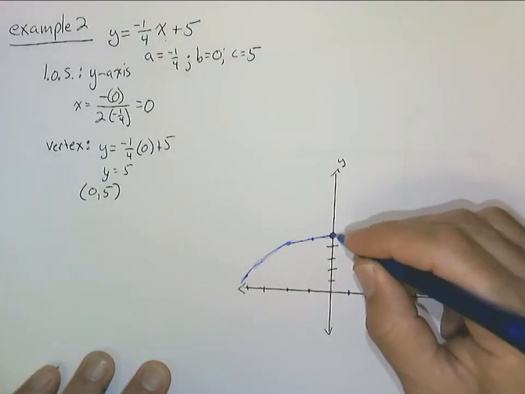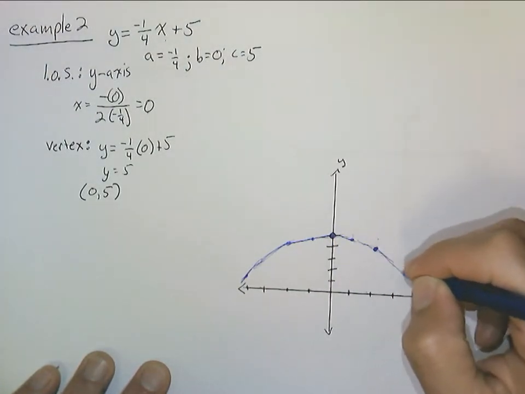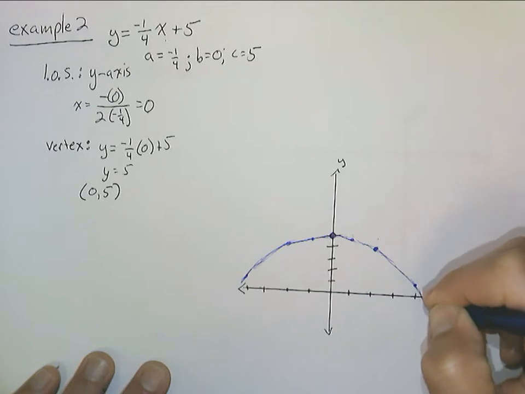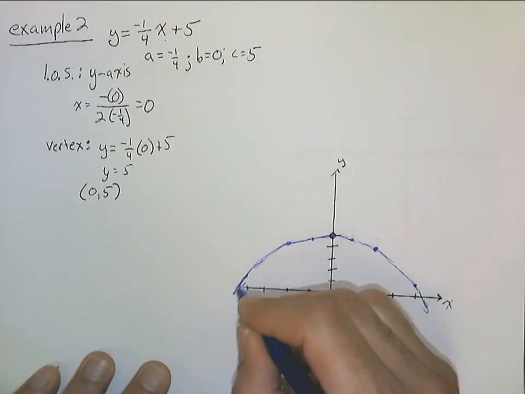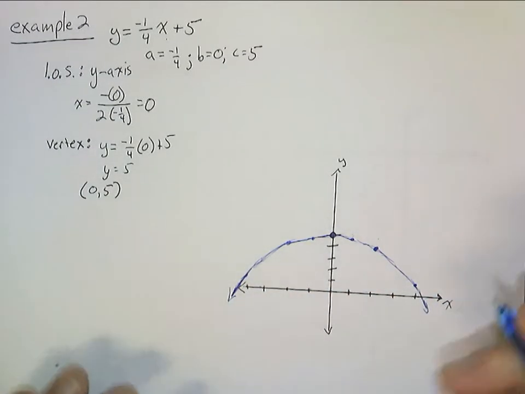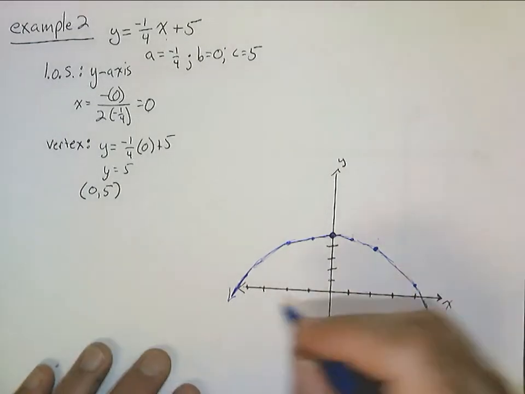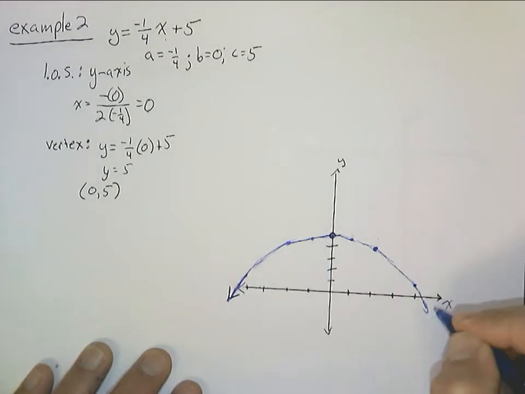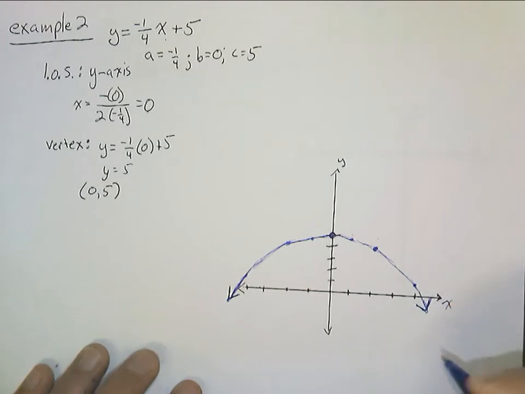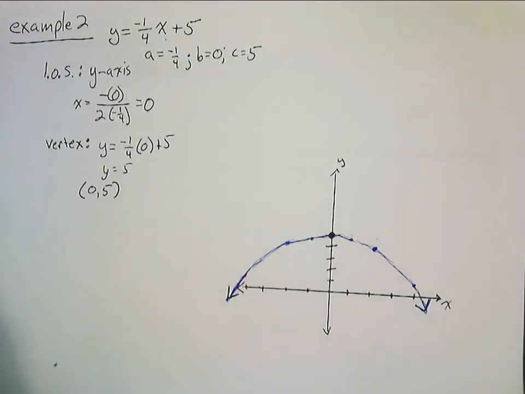And then we just sketch in the curve. And we see our wide parabola. Really, it's been squished. That is opening down. And there's how we would graph y is equal to negative 1/4 x squared plus 5.